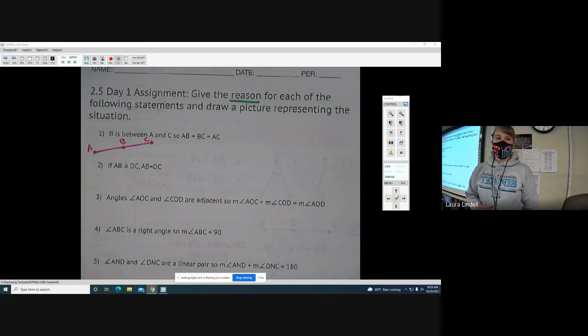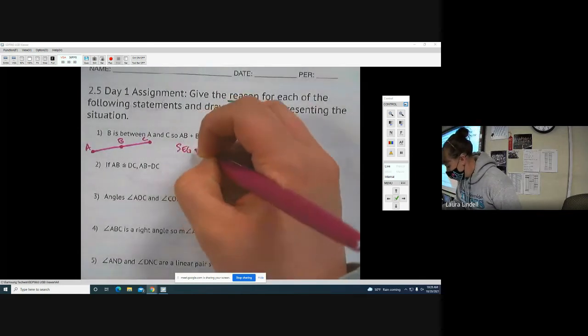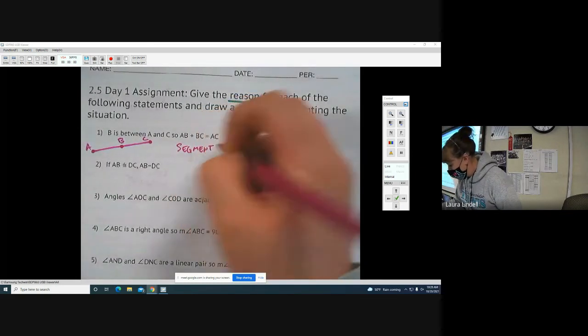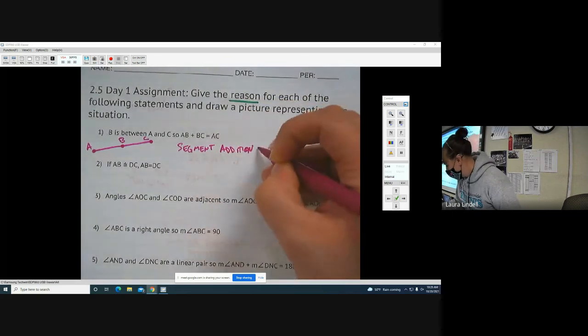All right, I heard a lot of murmured segment addition postulate. Are people showing each other a paper that works? Segment addition postulate.